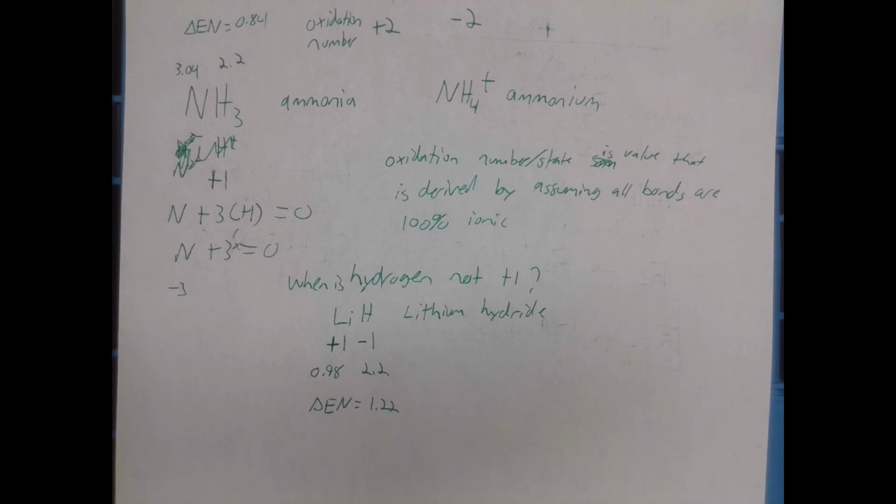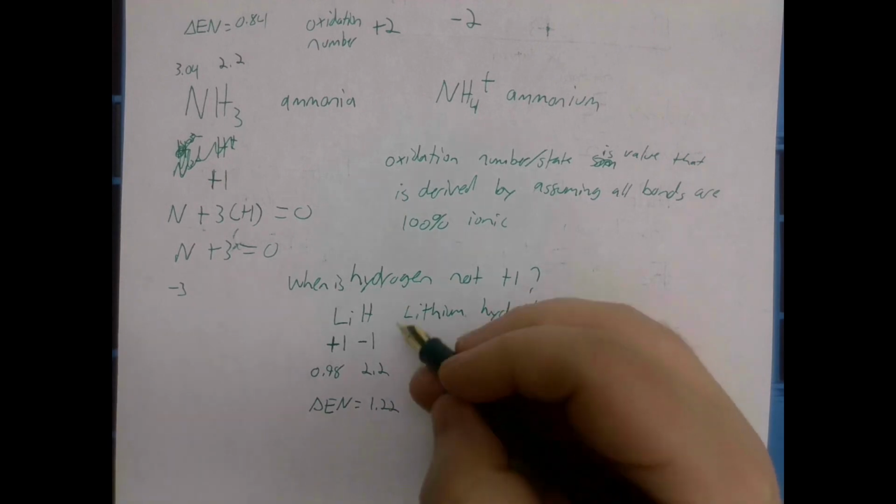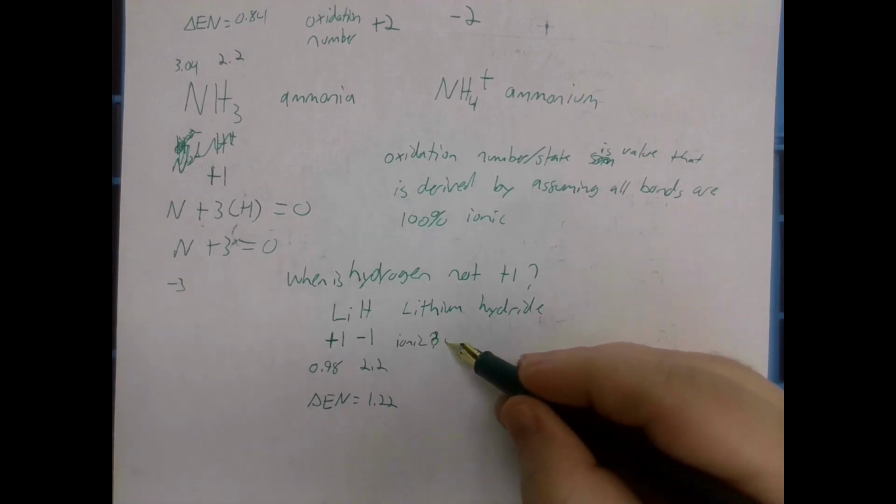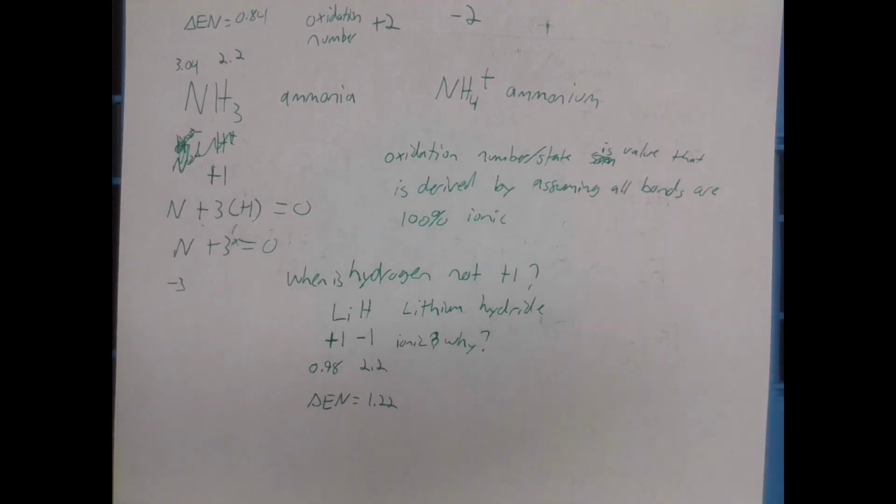Yeah, and this is another exception. There's way too many exceptions. This is classified as ionic. Why? Google that. I'm pretty sure I know the reason. It's hydrogen.